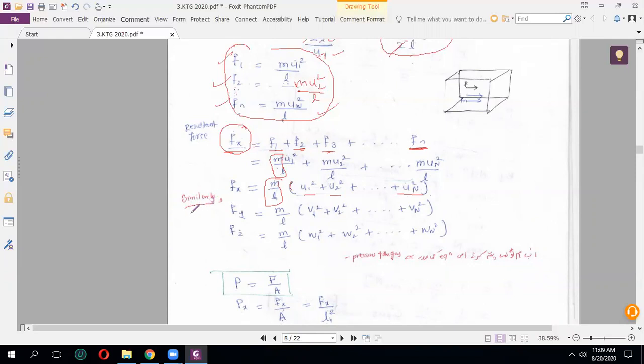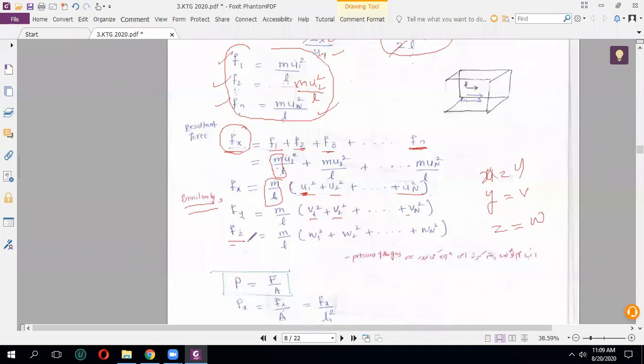Similarly, can we find the force in the y direction? Same method, just change the symbol. The x direction is represented by u, the y direction by v, and the z direction by the symbol w. Correct now? So we replace u by v: v1 square plus v2 square plus up to vn square.